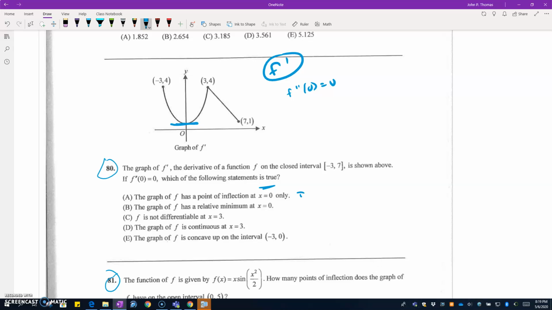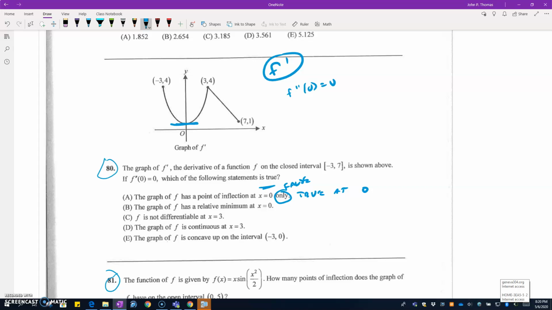So this one is true, that we have one at 0. But we need to check and make sure that it's not other places as well. So it looks like we have a potential for another change from increasing to decreasing at x equals 3. So this one overall is a false.